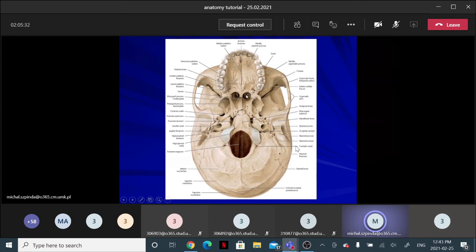And the third point is alveolon, at the alveolar process of the maxilla, and its posterior border is here, the posterior border of the alveolar process.